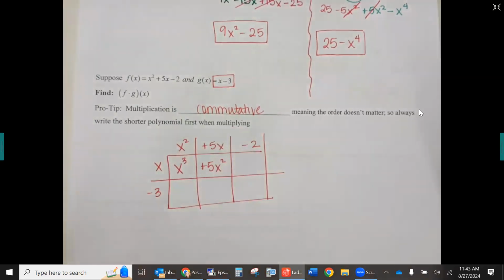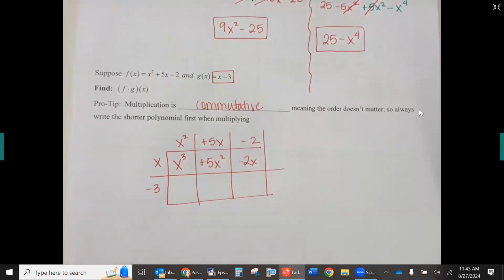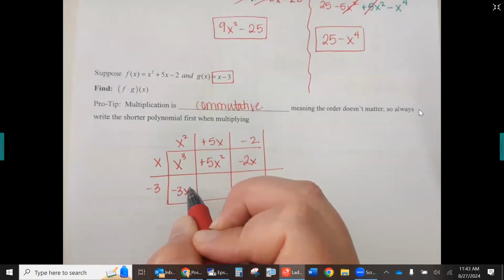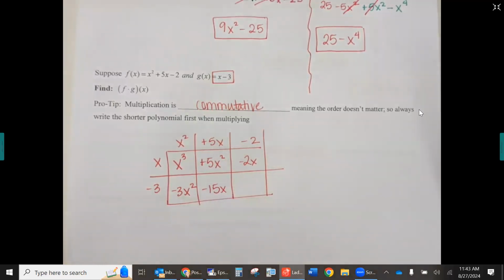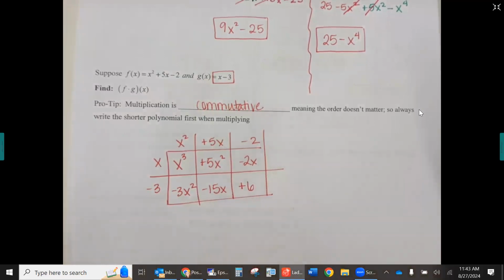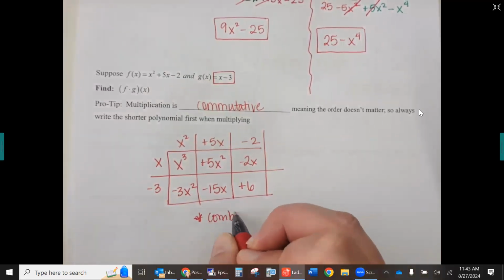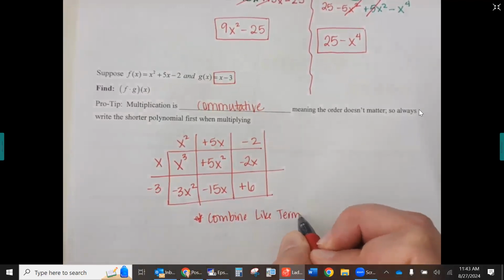Last box on top would be negative 2x. And then last, now we're timesing the negative 3. So it'd be minus 3x squared, minus 15x. What about the last box? Positive 6. Then I'm going to put here combine like terms. We're not going to finish it, but hopefully you get the idea.